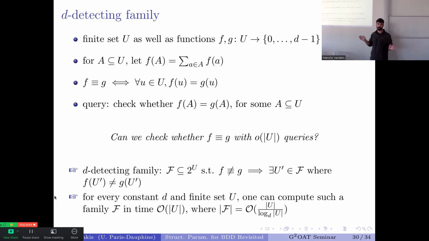So this is the intuition behind it. We will construct our graph based on the detecting family, which is less than linear in the number of clauses. And this will allow us to delete all of those vertices and have a vertex cover which is less than linear, on a high level.